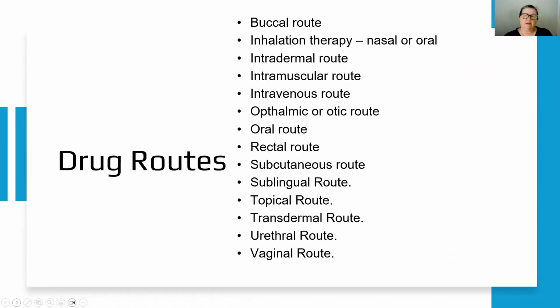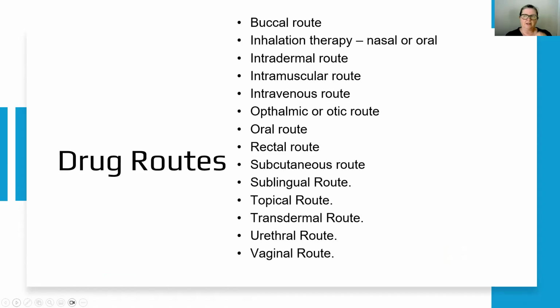All right, we talked about the routes. Here are the various drug routes. Okay. There is the buccal route or buccal, depending on where you learned how to say that word. But that is medication that is put in between the cheek and the gum, and it absorbs that way. There is inhalation therapy, nasal or oral.